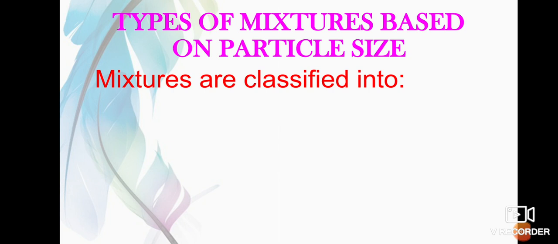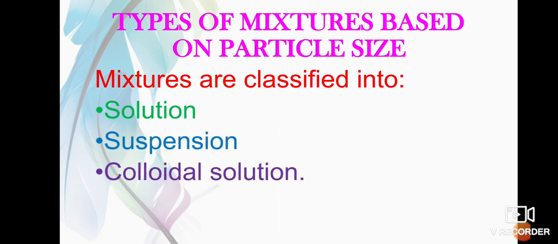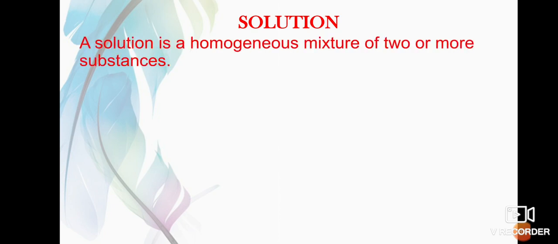They are solution, suspension, then colloidal solution. Now we are going to discuss solution. What is a solution? A solution is a homogeneous mixture of two or more substances. By adding two or more substances, it becomes a solution.